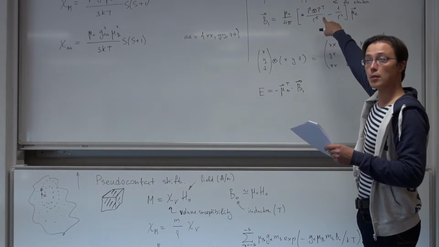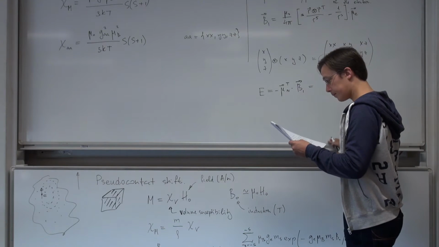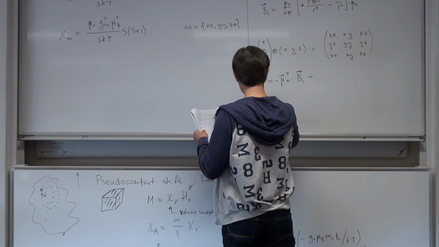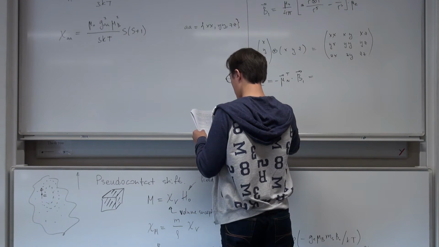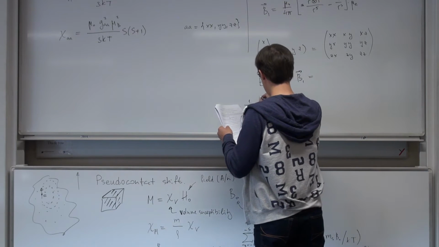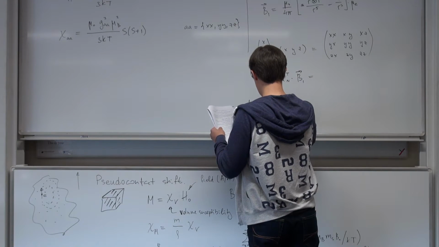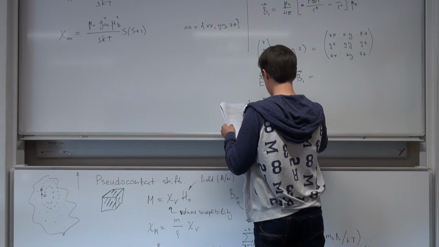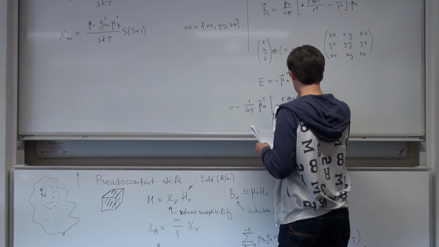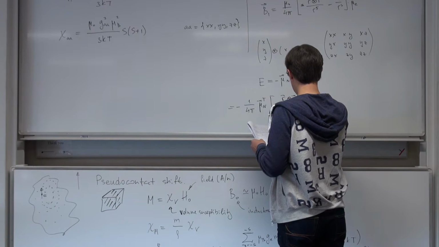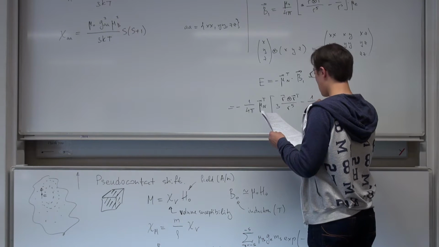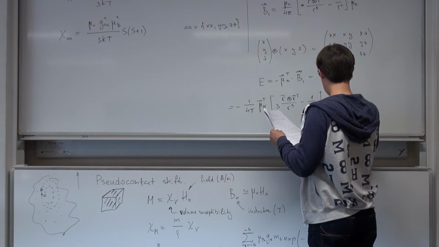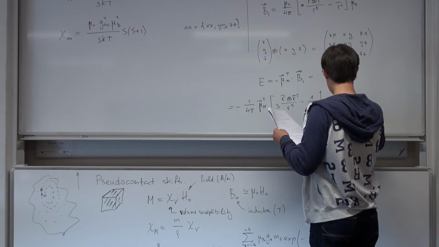Well, B1 we also know, so that becomes, after we substitute it in, minus 1 over 4 pi, then mu n, vector transpose, 3r Kronecker r transpose over r to the fifth, minus 1 over r cubed, times chi times B0.